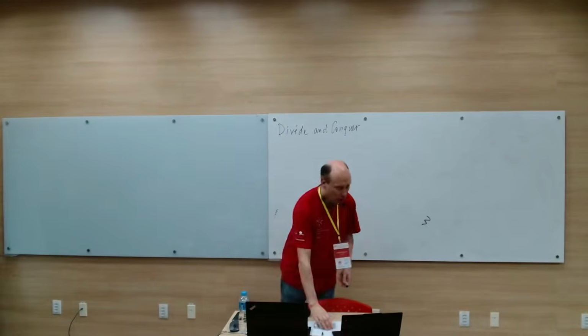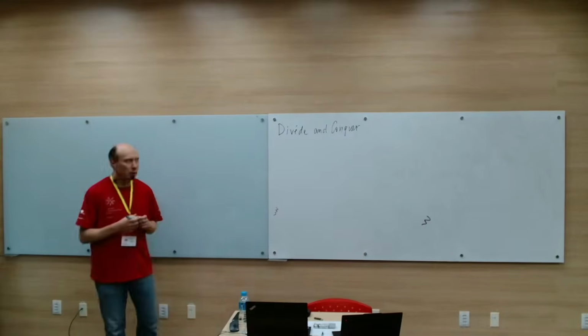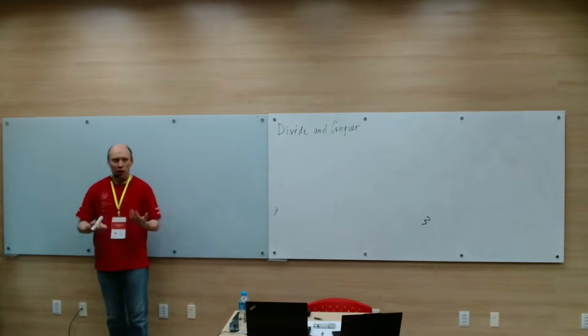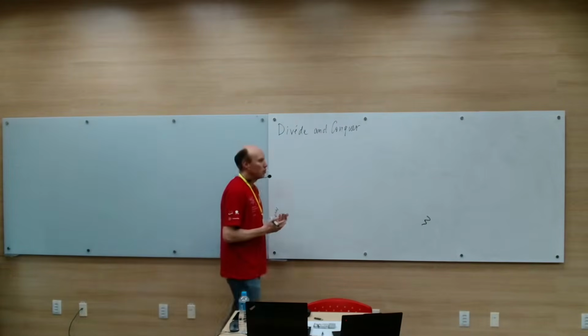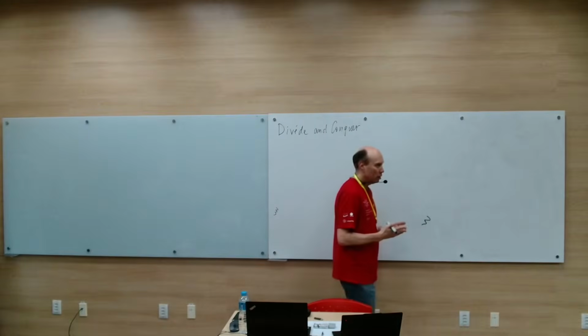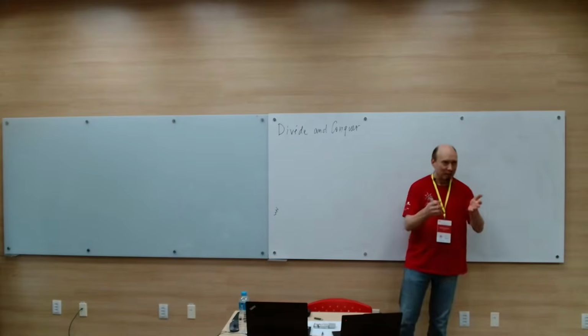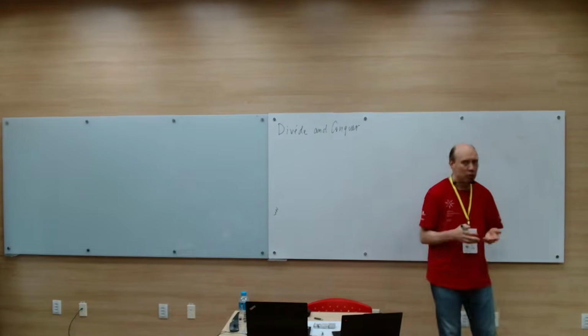So, what is the main idea of a divide and conquer algorithm? The main idea is that you have your data that you want to process, and it's easy to process the data if it only has a size of, say, 1. So one piece, one chunk of data, one element is easy to process.